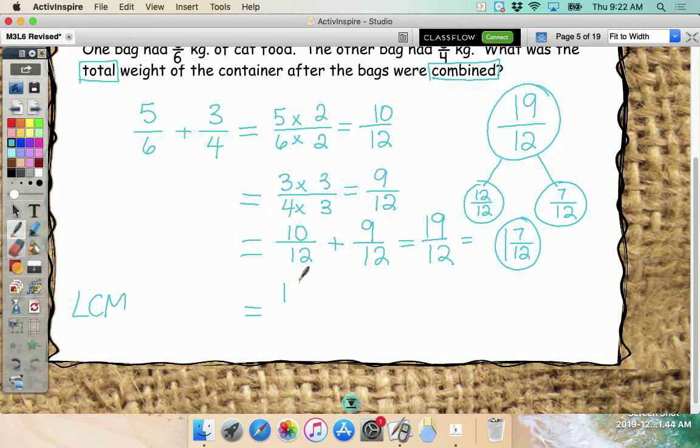And I want you to write 19 twelfths equals 12 twelfths plus 7 twelfths equals 1 and 7 twelfths. And I'm pretty sure Jesus already did this. He's like a step ahead of me. You don't have to do both of these. Fair enough? If the number bond helps you, use it. If you don't need it, don't use it.